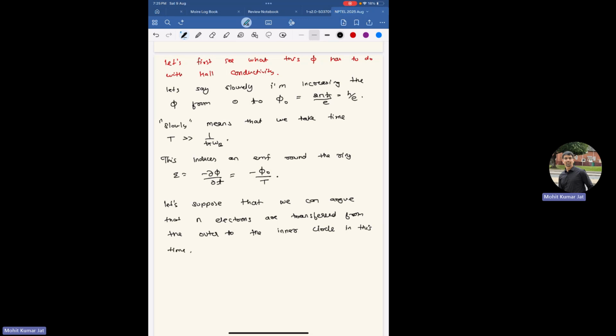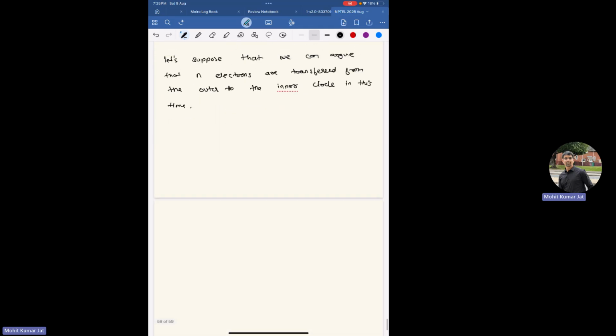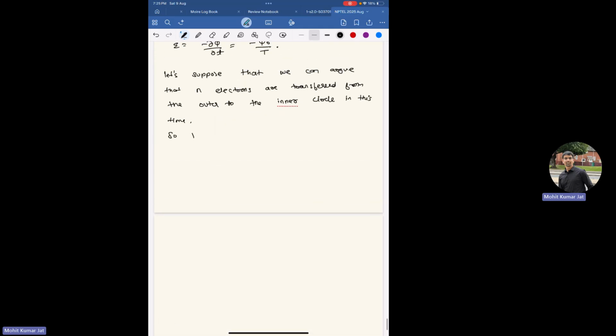So what will be the consequence of it? Then I can write the radial current: I_R equals n e by T, and then rho xy will essentially be your EMF by your radial current I_R.